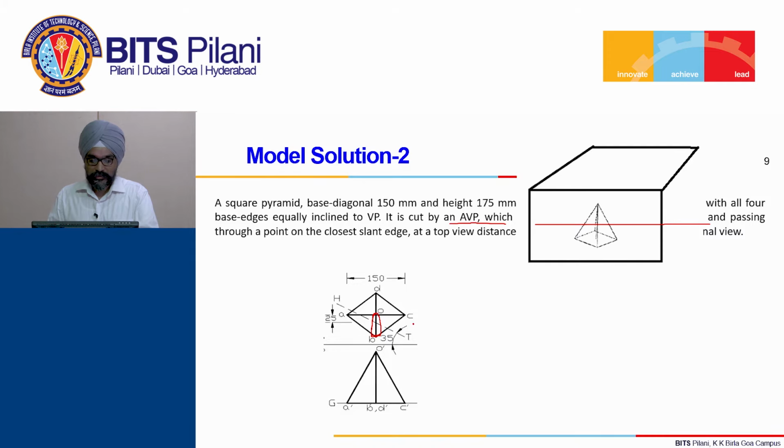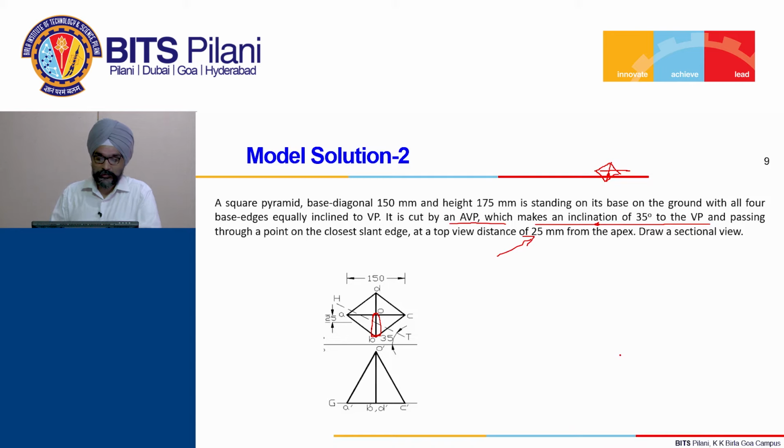Typically you are in the third quadrant, and let us say this is the top view. Then the edge closest to you, because you are observing from here in the third quadrant, is this one.